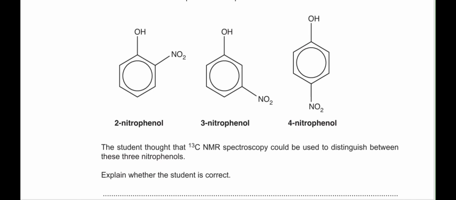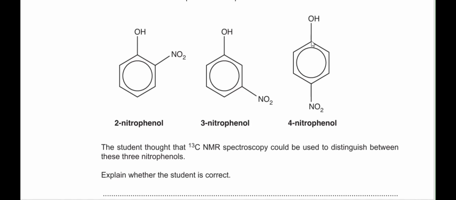Carbon-13 NMR spectroscopy is all about identifying unique carbon environments, right? If you look at the 3 products here, you can't have a line of symmetry for the 2-nitrophenol as well as the 3-nitrophenol, and therefore they both will have 6 unique carbon environments. Hence they will show 6 peaks.